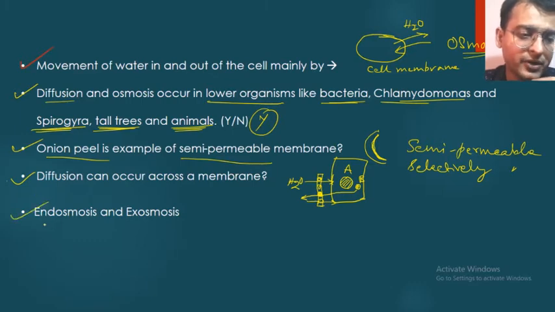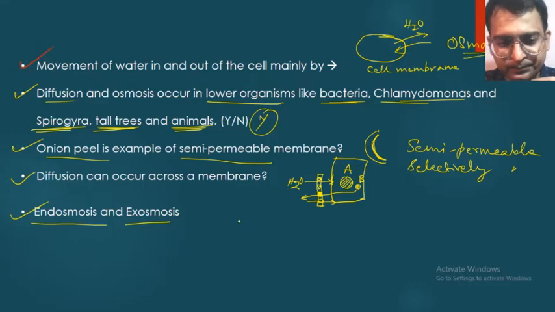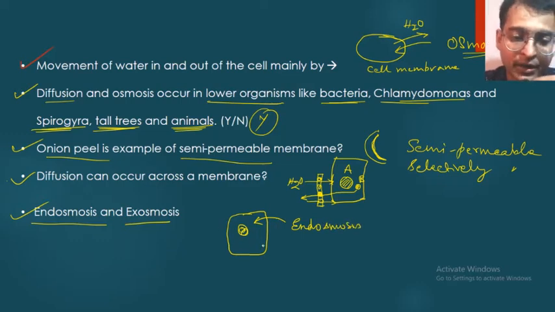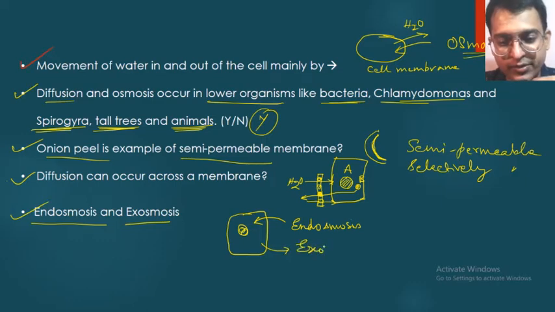What is the difference between endosmosis and exosmosis? Considering that there is a cell, if the water is moving inside the cell, that is endosmosis, and if the water molecules are moving outside the cell, it is exosmosis.